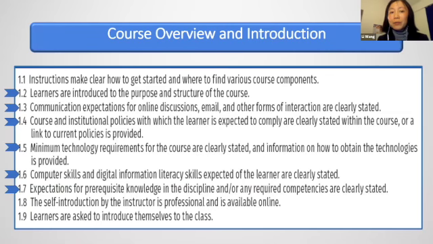For example, the first one, Quality Matters standard 1, course overview and introduction. I have put some red labels on the left of the screen. As you can see, 1.2, 1.3, 1.4, 5, 6, and 7 are all suggestions from Quality Matters that we can definitely include in our syllabus.